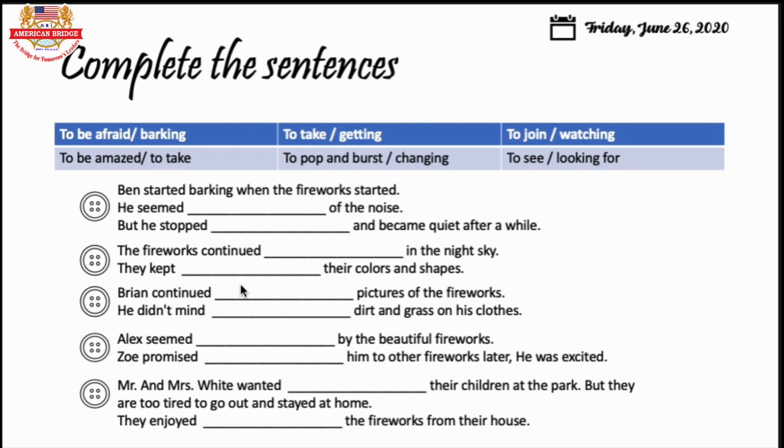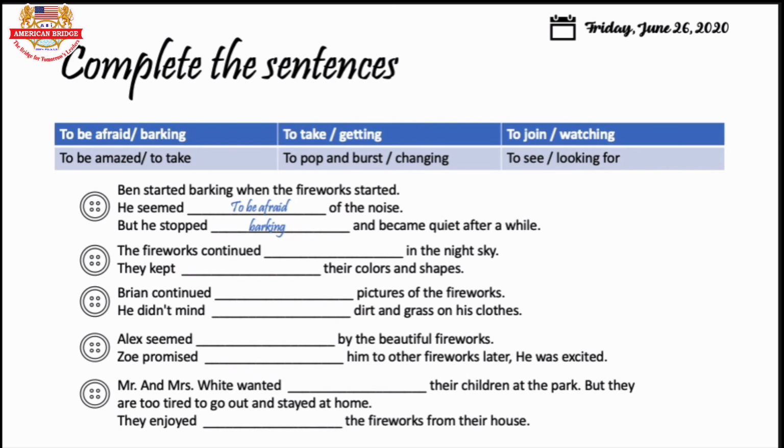Let's look at the first set of sentences. Ben started barking when the fireworks started. He seems to be afraid of the noise. So for seem we use to infinitive, and then stop we can use with to infinitive or gerund. But he stopped barking and became quiet after a while.